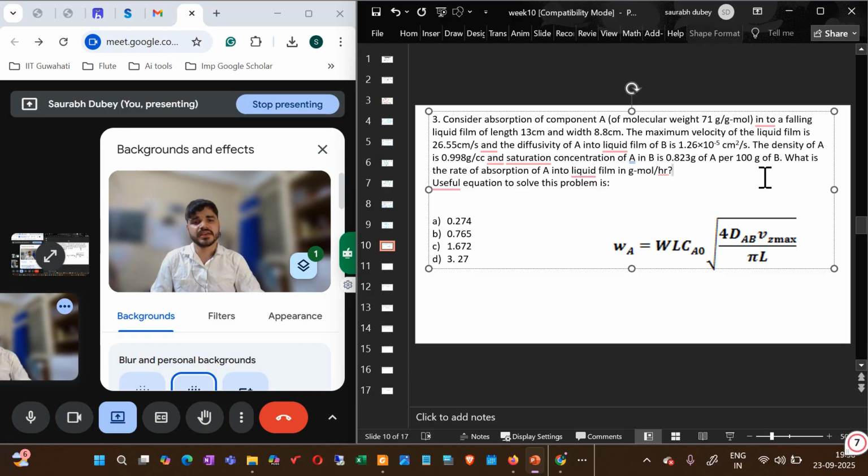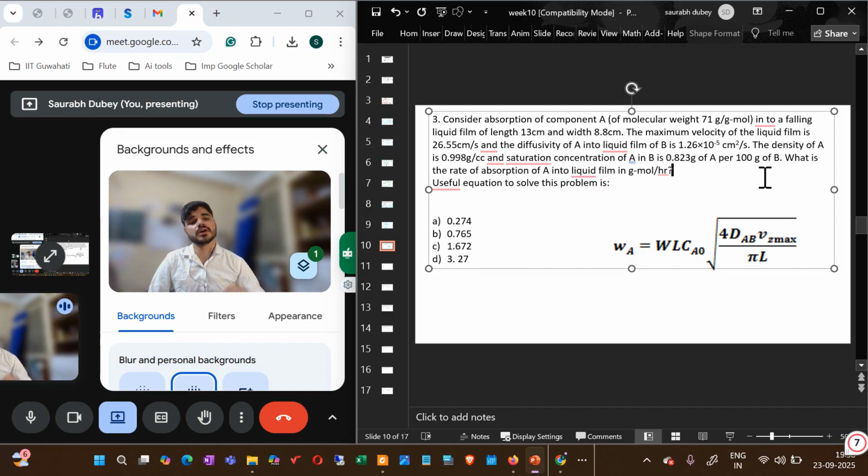The density of A is 0.998 gram per cc and saturation concentration of A in B is 0.826 gram of A per 100 gram of B, right? So you see that very little concentration of A is dissolving into B, right? What is the rate of absorption of A into liquid film in gram mole per hour?